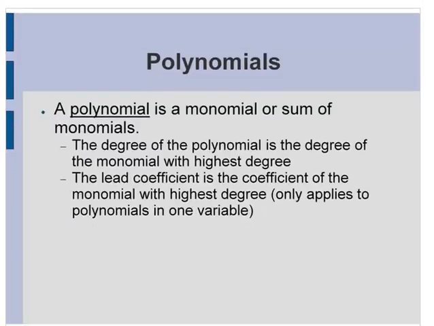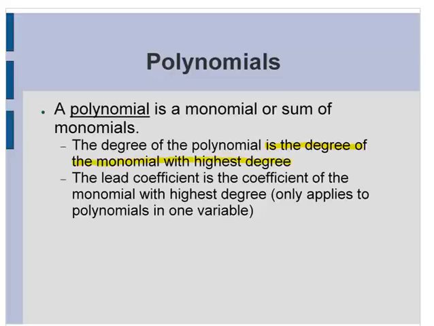Now, a polynomial is a monomial, a single one, or a sum of monomials, a whole bunch of them. The degree of a polynomial is the degree of the monomial with highest degree.